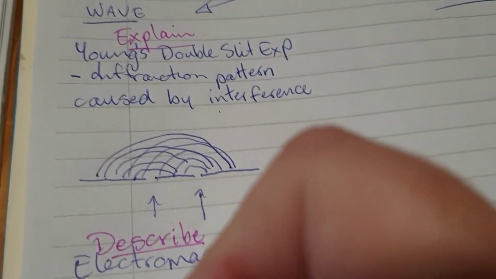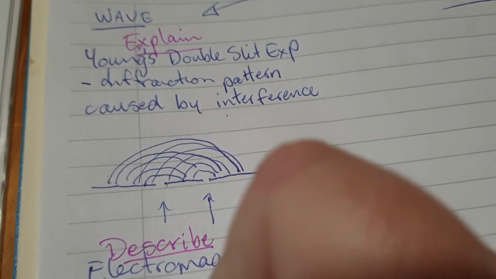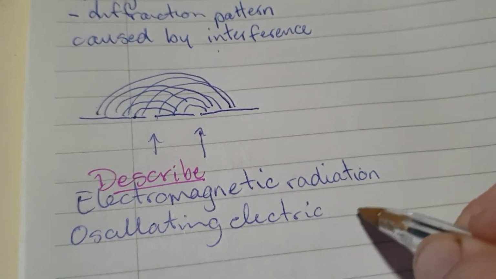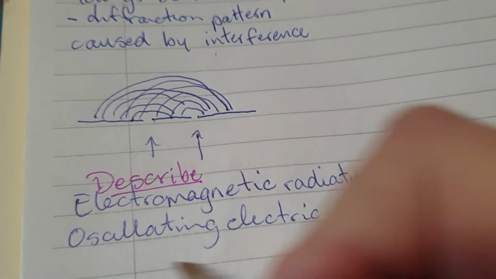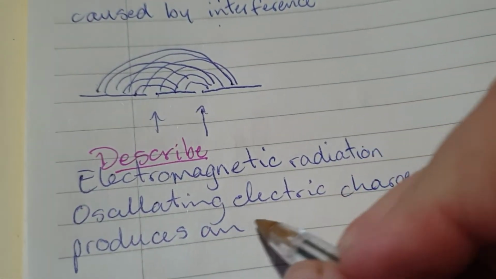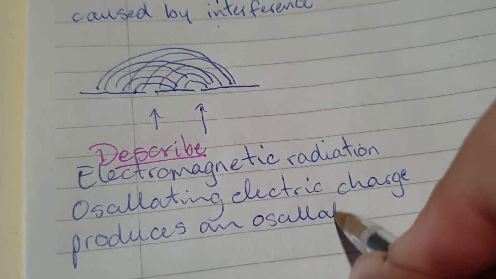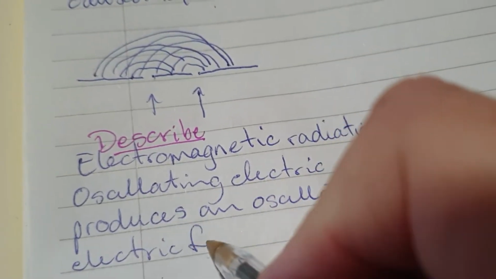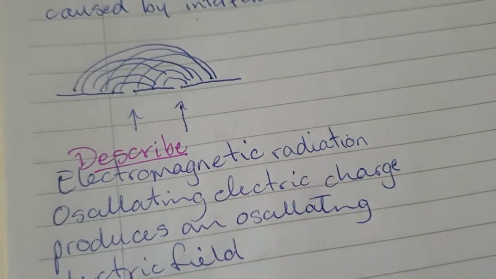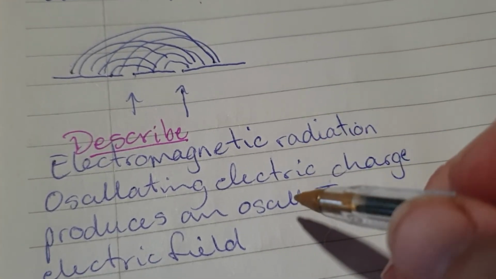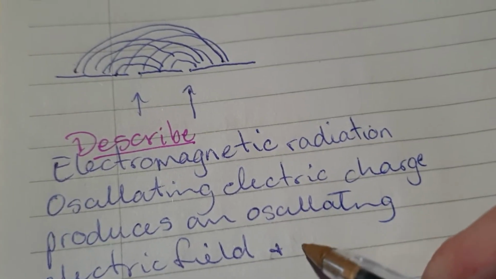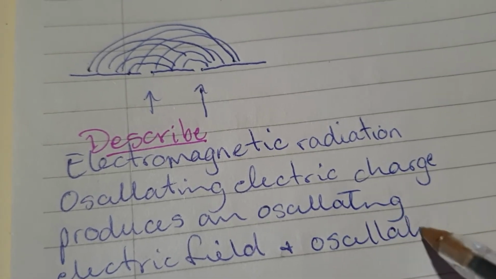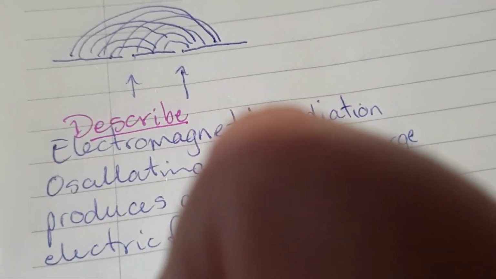Electromagnetic radiation. So we've got an oscillating electric charge, which produces an oscillating electric field and an oscillating magnetic field.